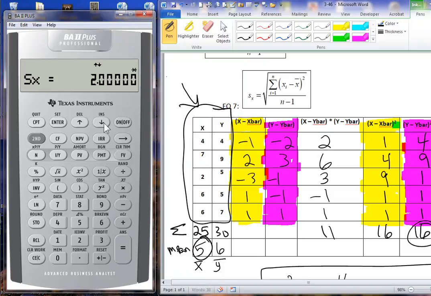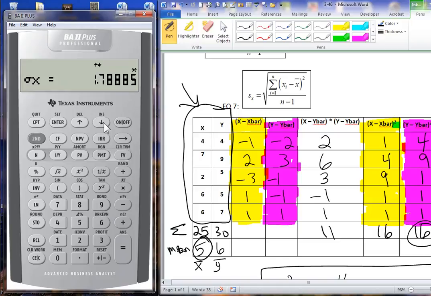The next calculation is the standard deviation of x, which, if you remember in manual calculations, we computed as 2. The next one is standard deviation for population.